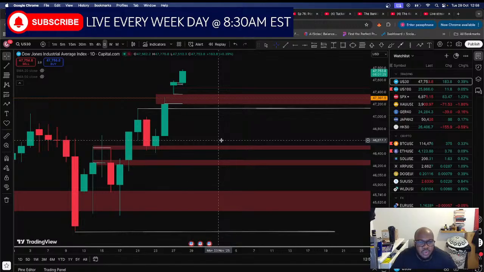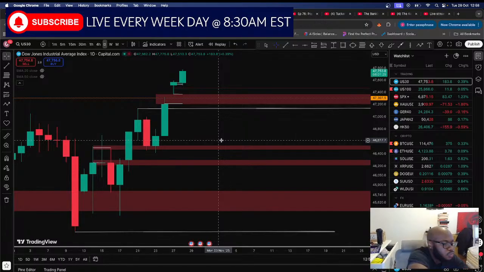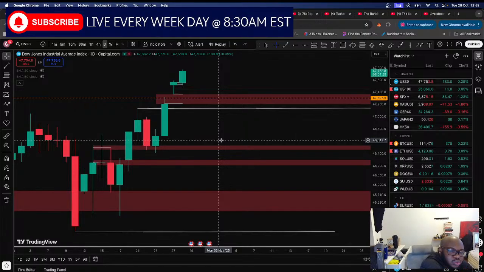Because the hourly and 4 hour is in confluence with the overall trend, it's going to be quite hard to short the market. So it's going to be quite tough to short the overall market because the hourly and the 4 hour is in confluence with the overall trend.